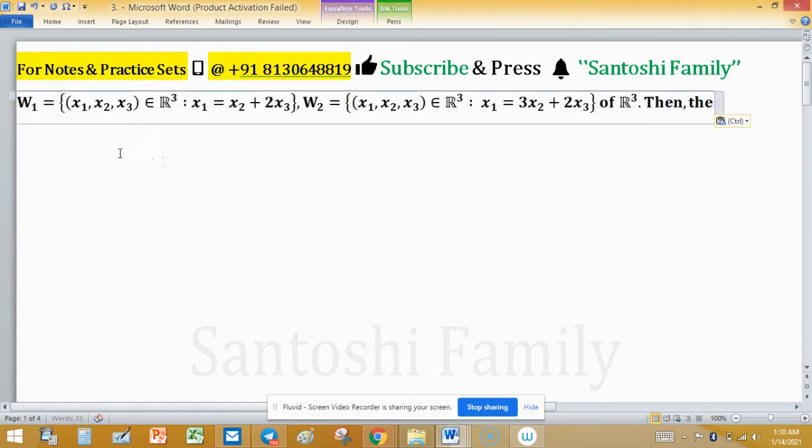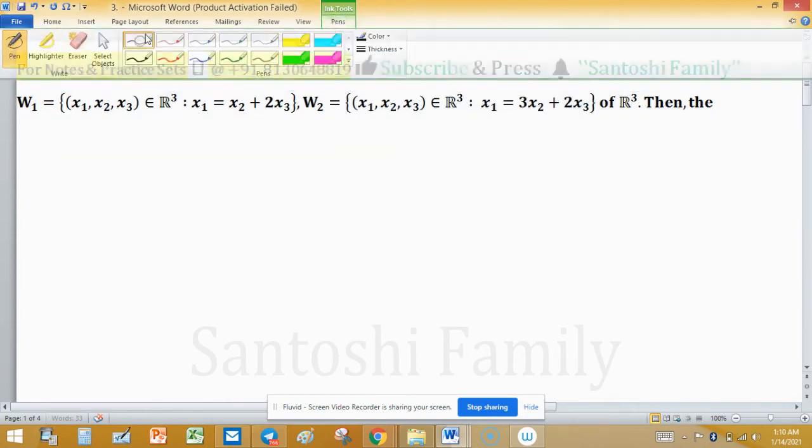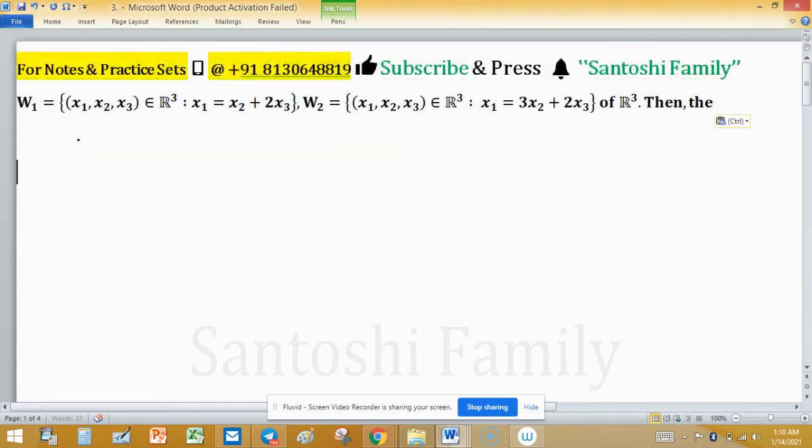Or suppose W1 is this one and W2 is this one, then find the dimension by the number of common elements in the bases. So we will find a basis for W1.